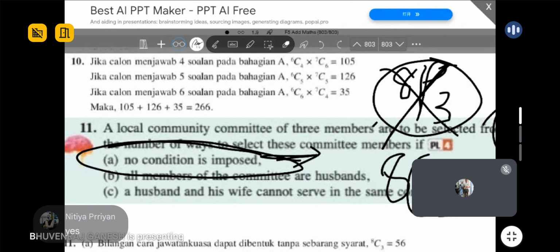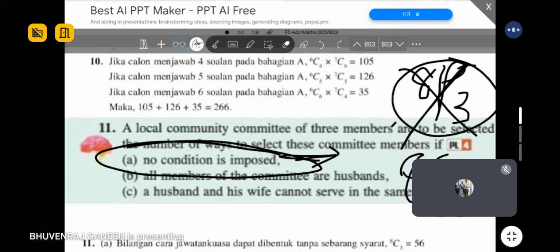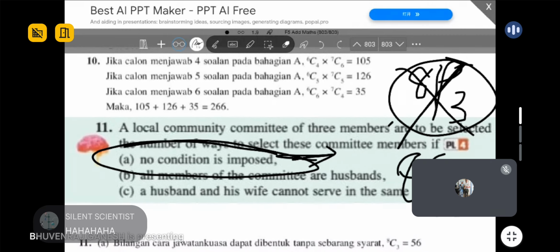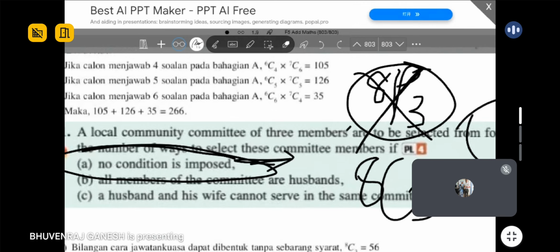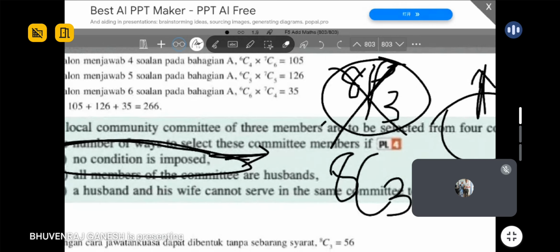Can, so don't anyone say 8P3. If you say 8P3, means that in real life, kamu jangan couple dengan satu perempuan kat sana. Or satu lelaki kat sana. Sebab kamu kata susunan tu penting. Susunan penting maksudnya apa? Kamu kena lihat betul-betul siapa lelaki tu. Kalau combination, maksudnya apa? Siapa-siapa pun boleh lah.